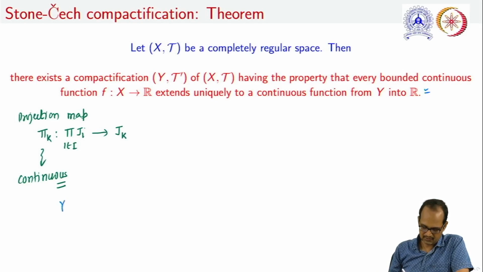The answer is here, because from Y to this product of closed intervals Ji, i in I, we have a continuous function h-bar, and from this product to Jk, we have this projection map pi k.